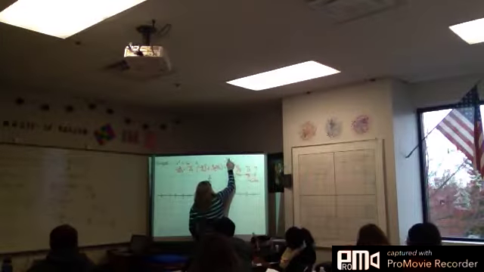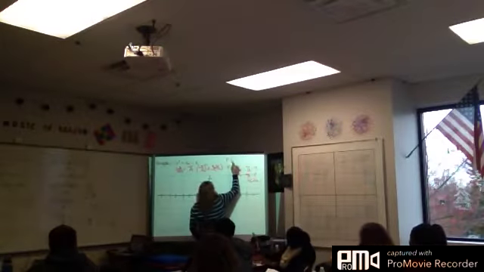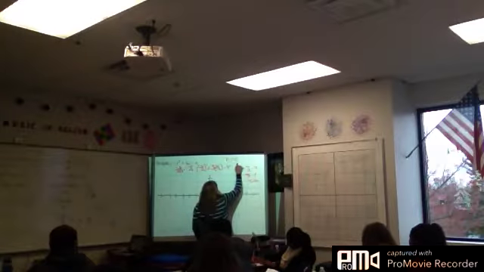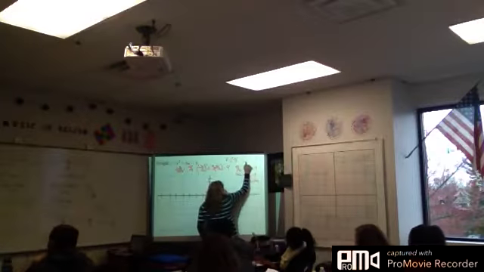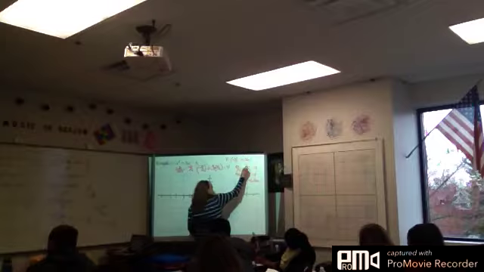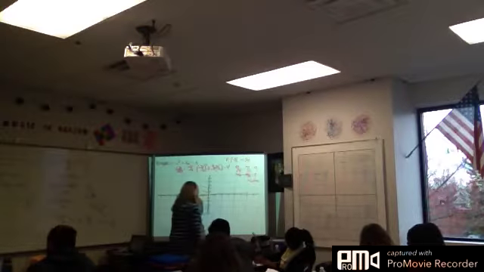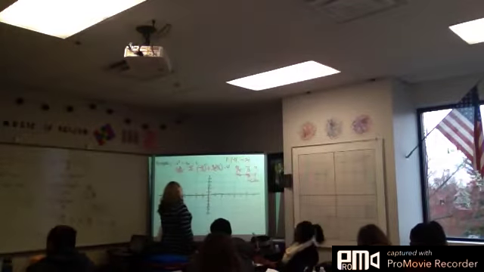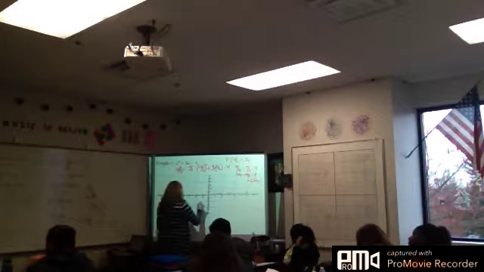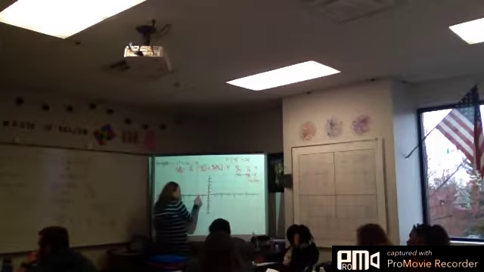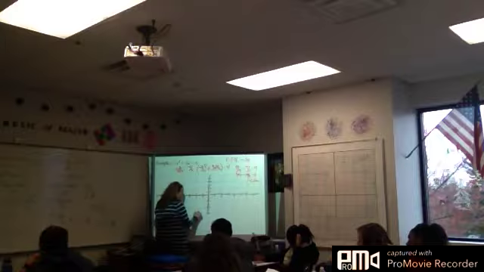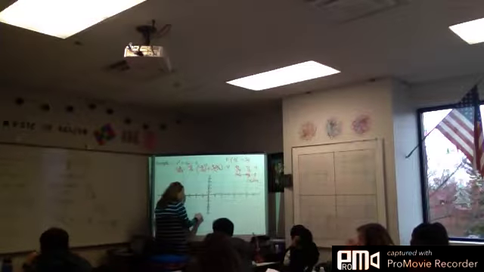So my vertex is negative 3 halves and negative 6 and 1/4. I'm going to graph that. Negative 3 halves is negative 1.5, and then negative 6 and 1/4 is someplace right about here, a little below that line.